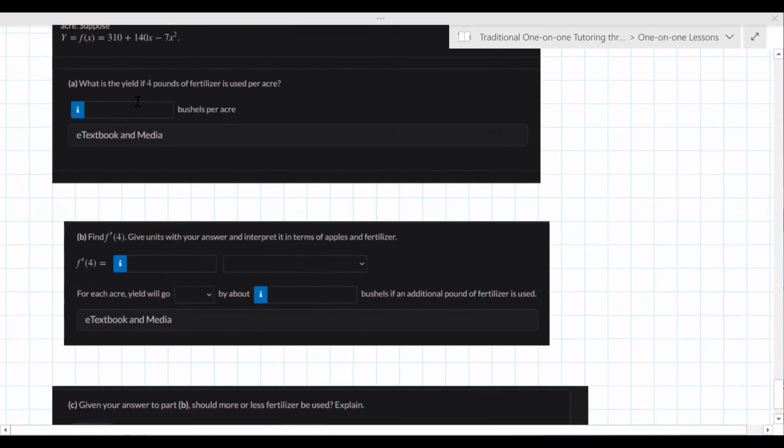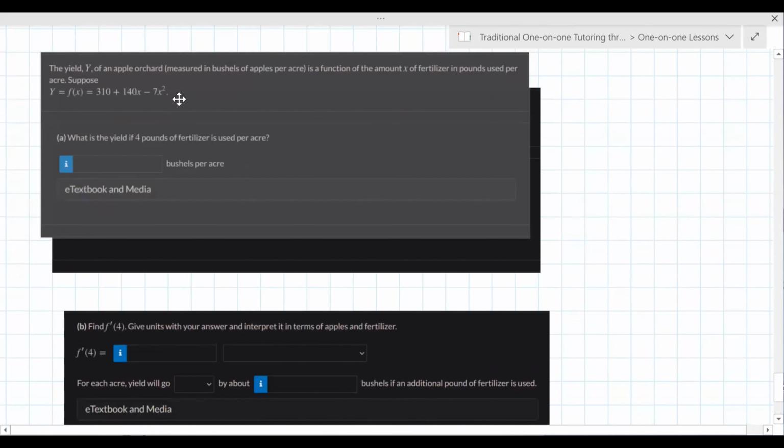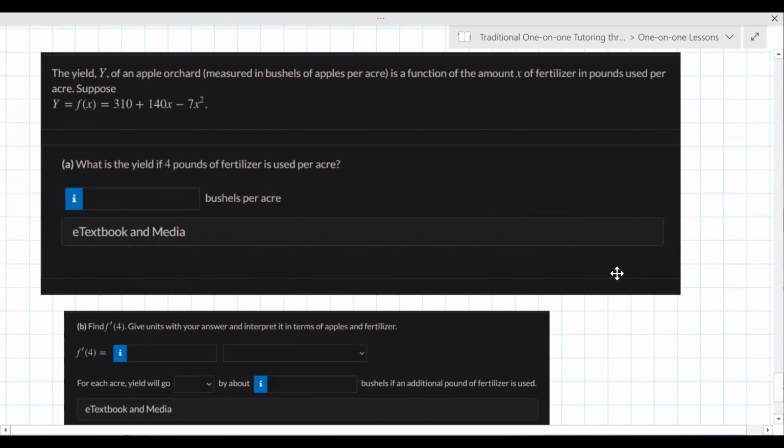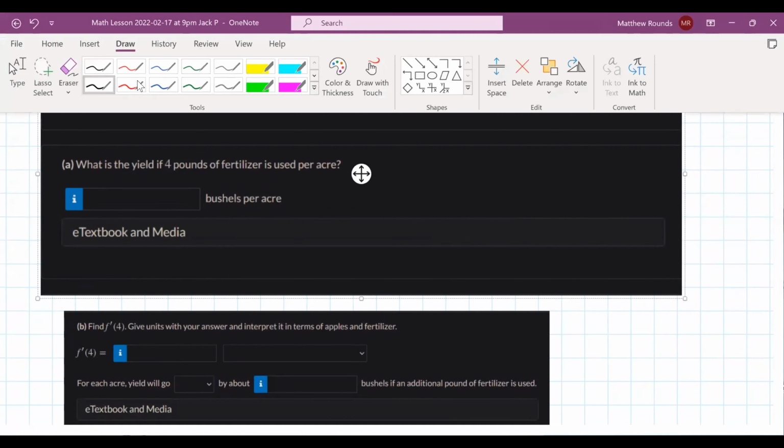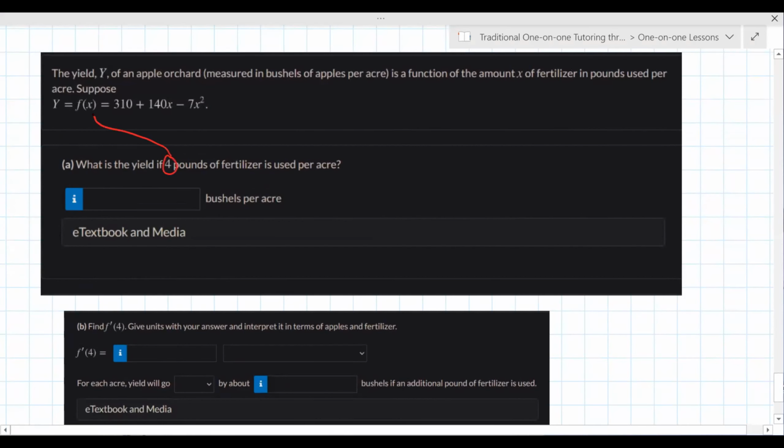Okay, so it says the yield of an apple orchard is measured in bushels of apples per acre. What is the yield if 4 pounds of fertilizer is used per acre? So this is just asking you to plug 4 into the original function.